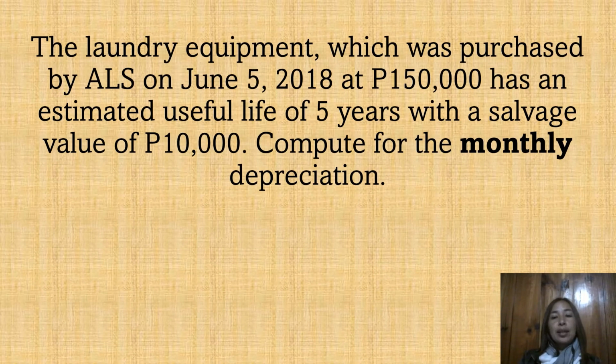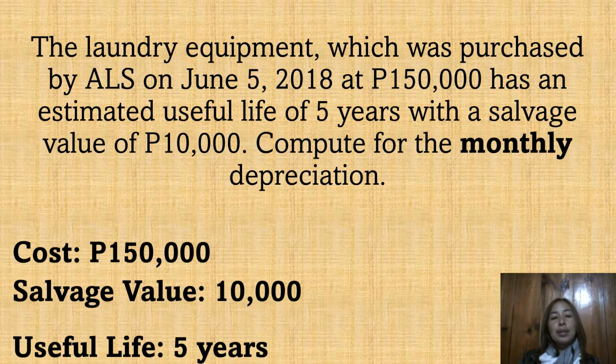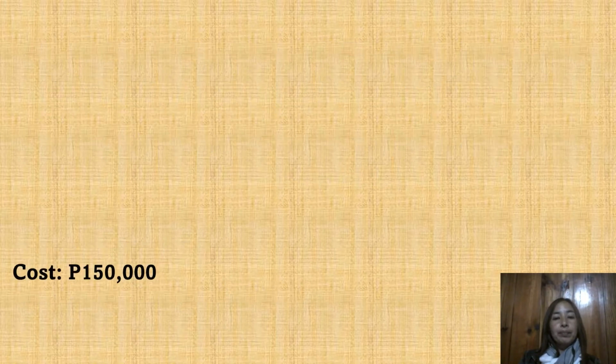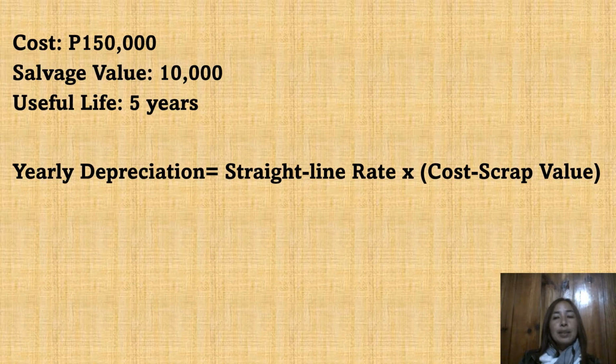Ulitin natin ito yung ating problem na ito. We are going to use the same problem. So again, we have the cost, which is 150,000, the salvage value of 10,000, and the useful life, which is 5 years. Ulitin lang natin yan. So we're going to use this formula.